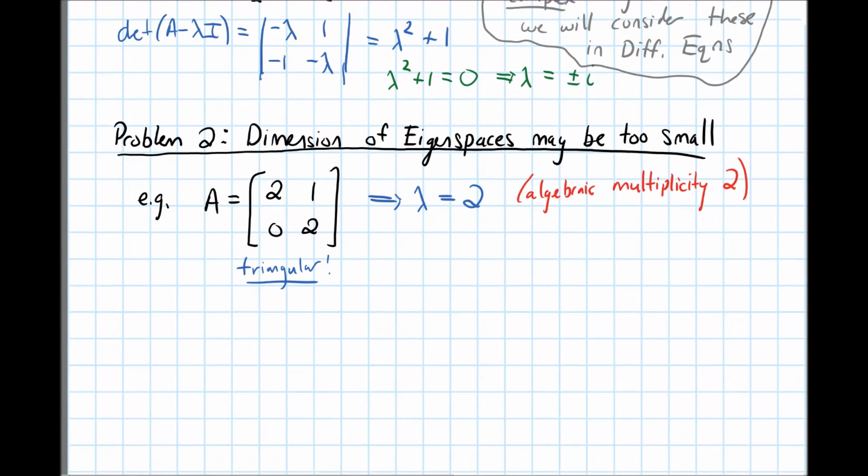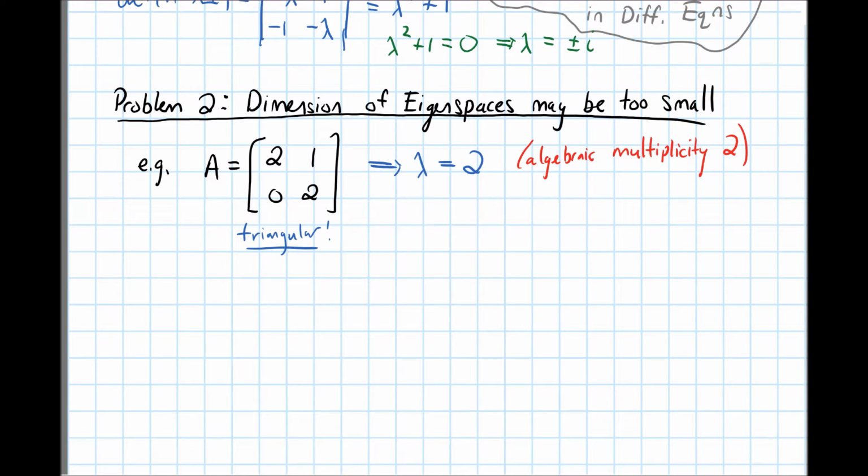Okay, so let's find the corresponding eigenvectors that go with it. To do that, I look at A minus lambda I. In this case, it's A minus 2I, and I find the null space of this. So if I subtract 2 from these diagonal entries, we get 0, 0. The other numbers stay the same as 1, 0.